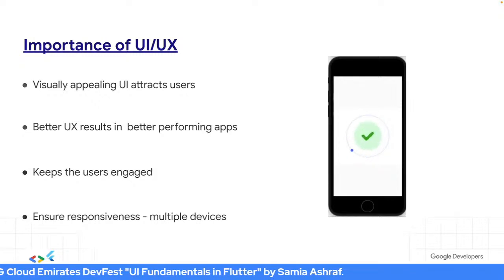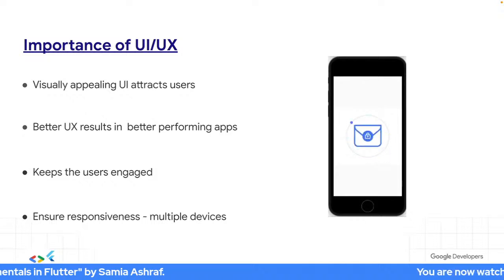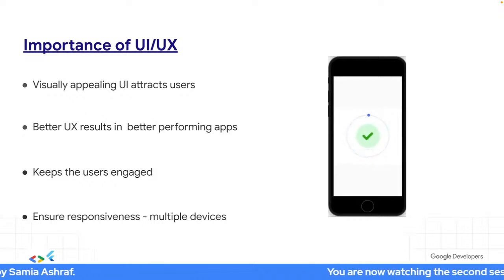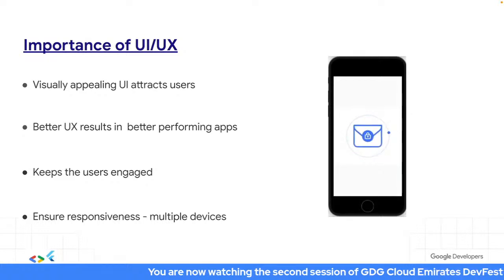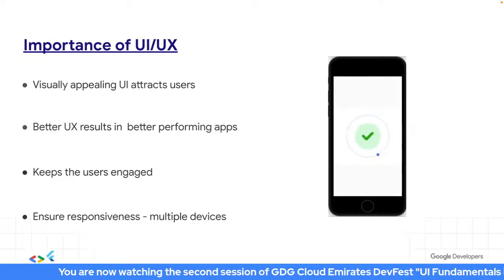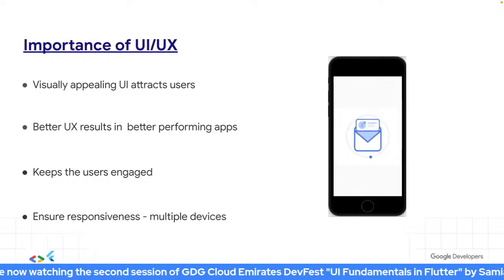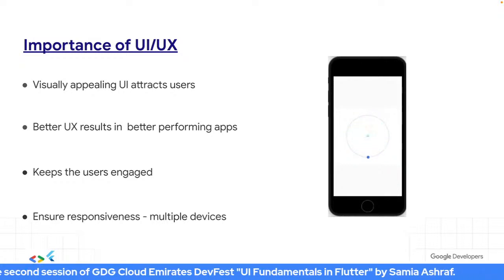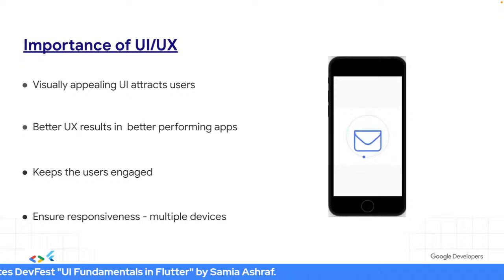UX is nothing but user experience. So I'm using an application with good UI, everything is fine, I have all the text fields, everything is well, but the UX is not good. When I try to log in, there is no internet in the background, but it's not saying anything. It's just stuck on that screen. I don't know what's happening, but in the background, there is no internet.